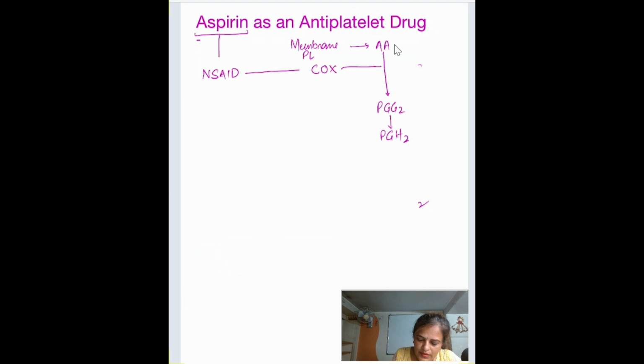Now the cyclooxygenase enzyme is going to cause this action. Further, these two, G2 and H2, are the unstable compounds. The synthesis of eicosanoids depends upon the tissue and upon the enzyme present in that particular tissue.